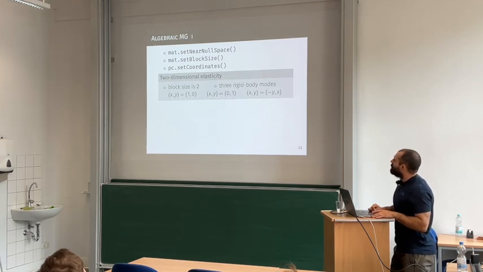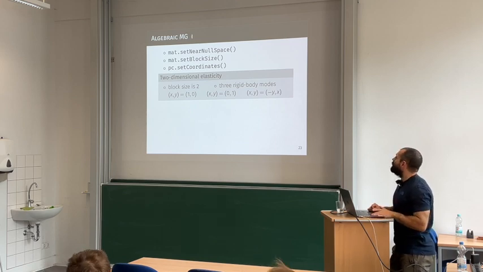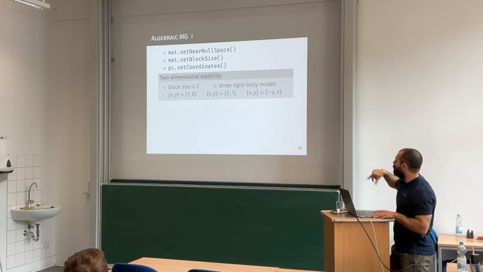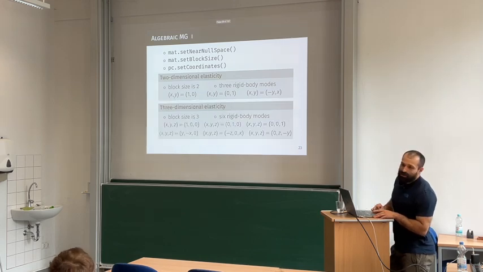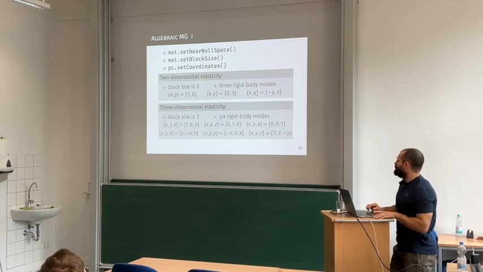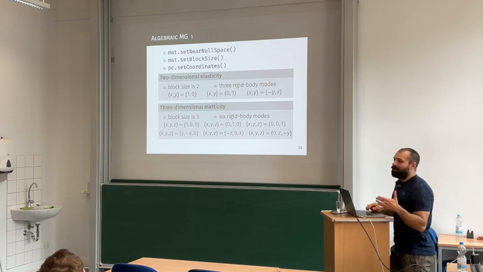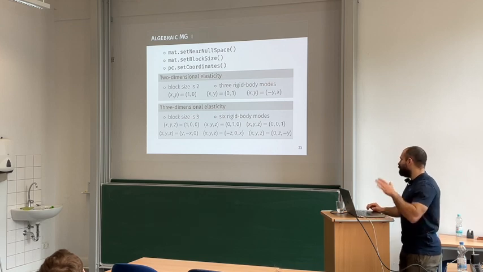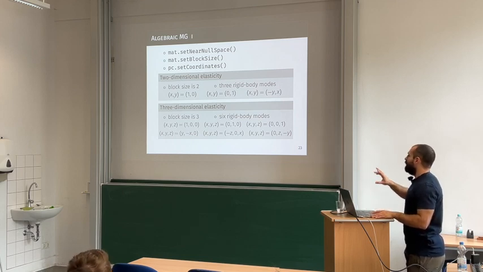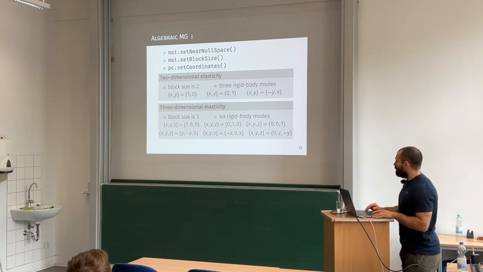Again, if you think about two-dimensional elasticity, if you use a standard discretization, the block size of your operator should be 2, and you should have 3 rigid body modes: translation along x, translation along y, and rotation around the z-axis. If you do 3-dimensional elasticity, your block size, again with a standard discretization, should be 3, and this time the near null space, the near kernel of your operator, should be of dimension 6: 3 translations and 3 rotations, one along each axis.